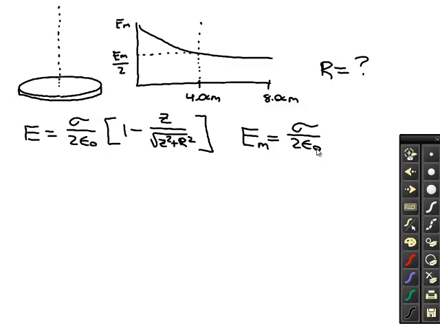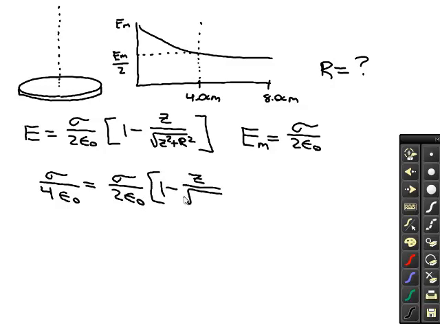So, what would half maximum look like? That would be sigma over 4 epsilon naught, right? Equals sigma over 2 epsilon naught times 1 minus z over the square root of z squared plus r squared, when z equals 0.040 meters.